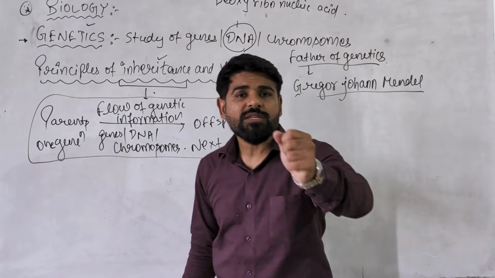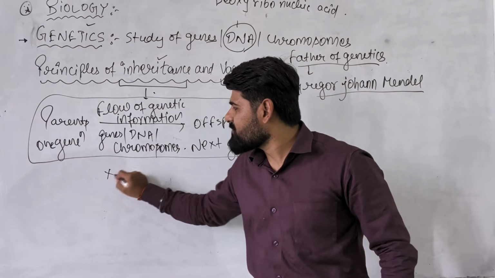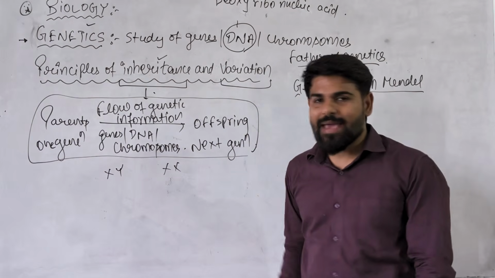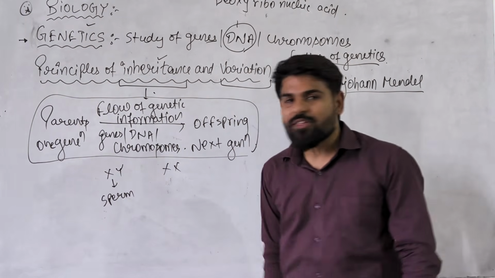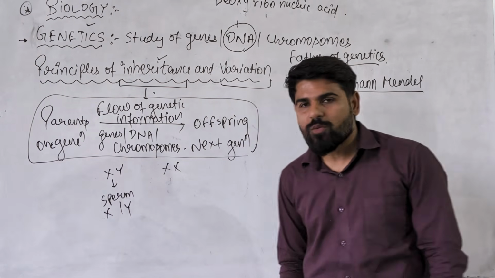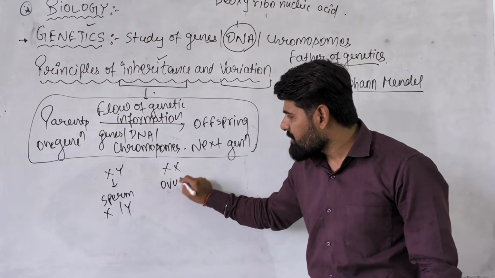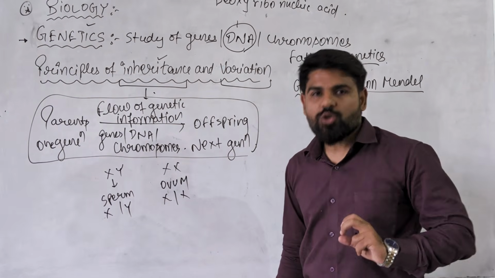When we talk about chromosomes, father has chromosomes XY, mother has chromosomes XX. If gamete formation takes place, the gamete in the male is the sperm, containing either X or Y chromosome, while the ovum is the gamete in female, containing an X chromosome.